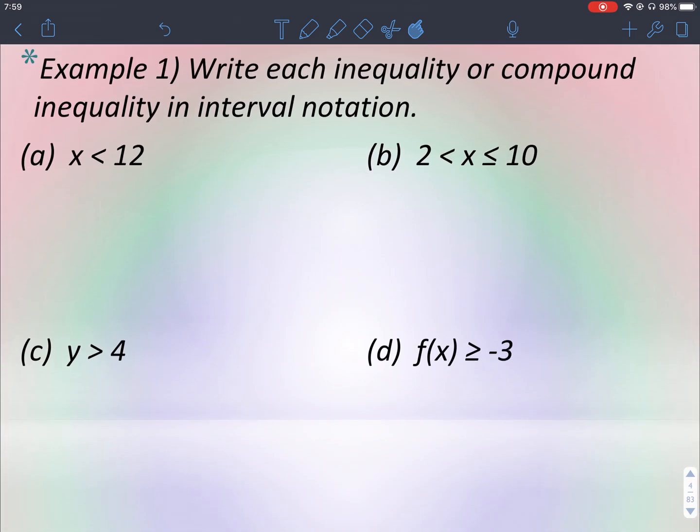Four examples for you. Write each inequality or compound inequality in interval notation. A, x is less than 12. Well, all right, if I were to draw one more example, at 12, this is going to be an open circle because it's excluded, but it's going to go to the left and towards all the negative numbers, so that's going to be to negative infinity.